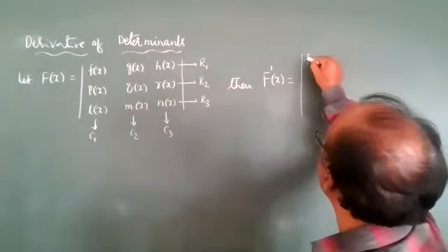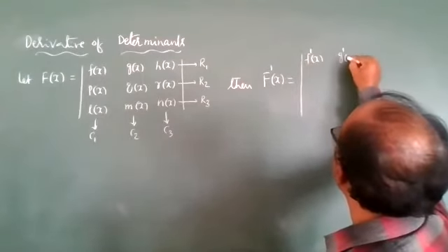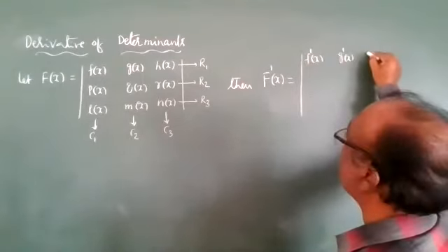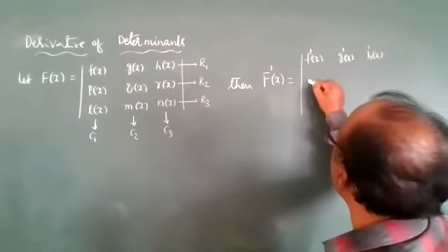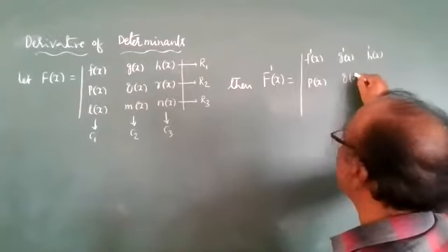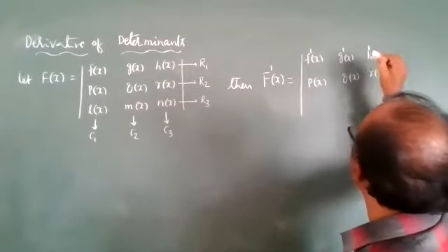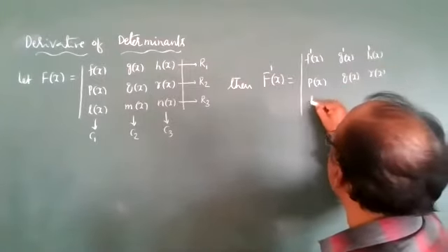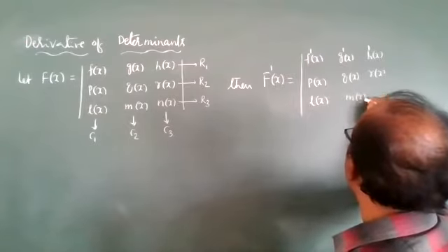That means the first element derivative, second element derivative, third element derivative, and the second row is the same, and the third row is the same. Only the first row is differentiated, each element: l dash of x, m dash of x, n dash of x.